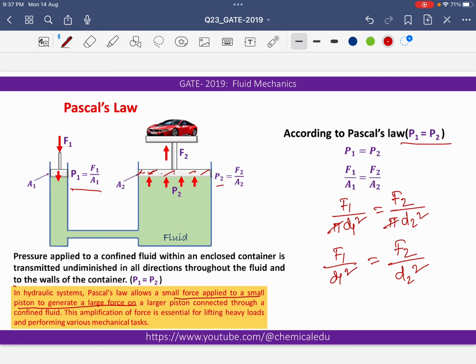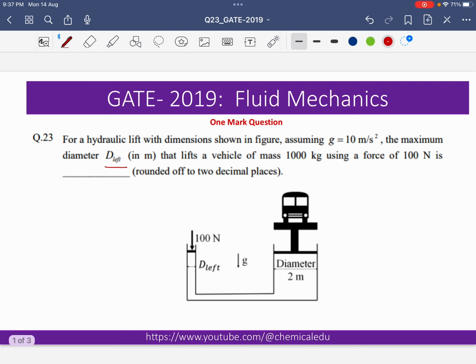Now in our problem, F1 by d1 square is equal to F2 by d2 square, which we got from P1 equal to P2.